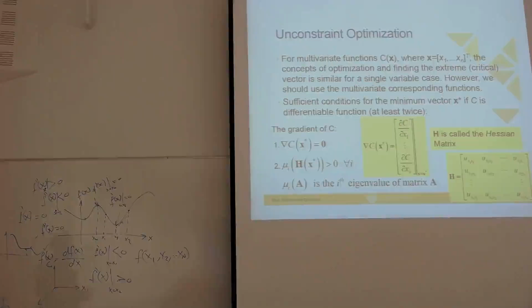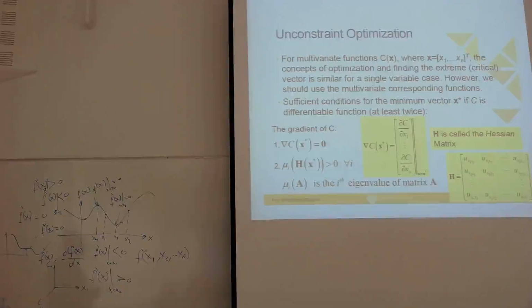If we have n independent variables, we take the partial derivative of the cost function with respect to x1, with respect to x2, until the partial derivative with respect to xn, and every one of those should be 0 at the extreme point, or the stationary point.